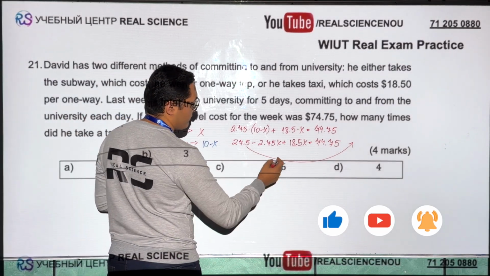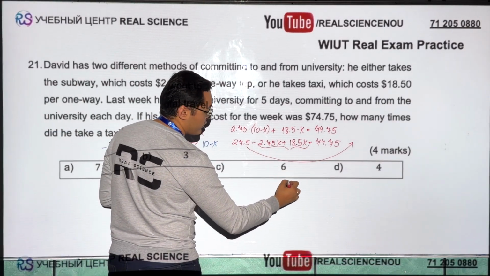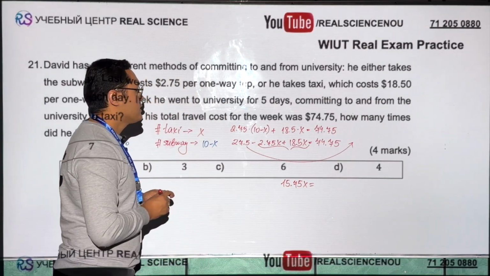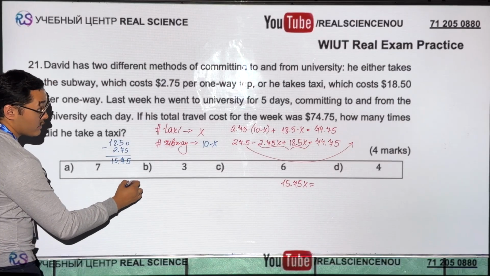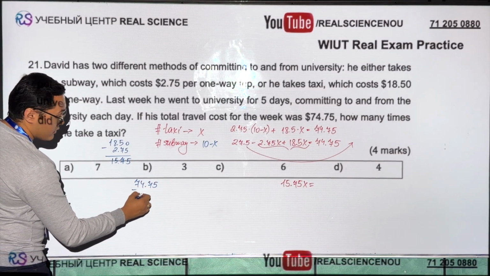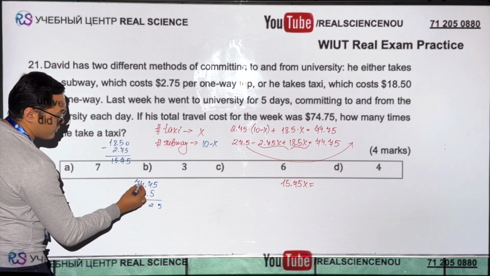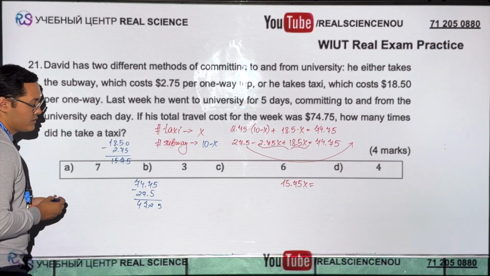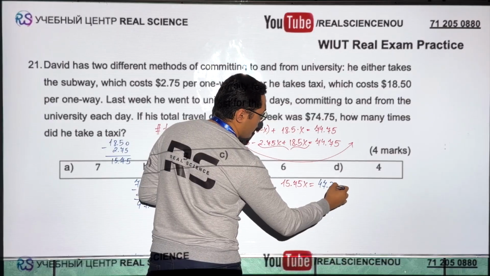So if we add these two, it's going to give us 15.75x equal to 74.75 minus 27.5, which is 47.25.